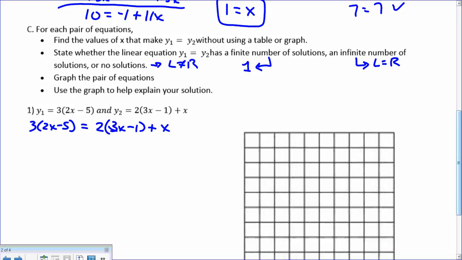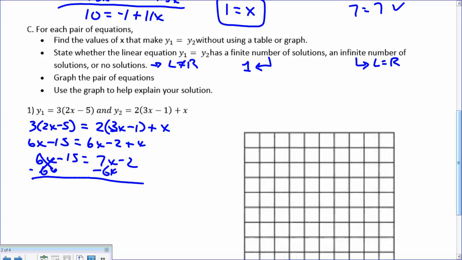So distribute the 3, so 6x minus 15 on the left, and 6x minus 2 plus x on the right, which gives me 7x minus 2 on the right. Okay? So I'm going to move the 6x since it's smaller. You with me? Yes? Okay. And that's just going to leave us x, right? 7x minus 6x is 1x, right?